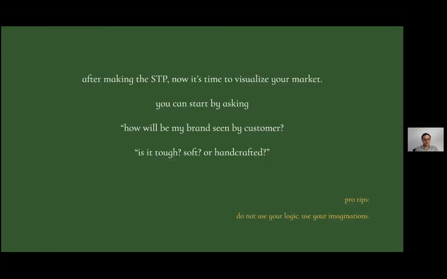So, after making the STP, as Tantowi told me before, before you were just writing what your market is and what your brand is, now it's time for you to visualize it. You can start by asking yourself or your team, how will my brand be seen by customers?